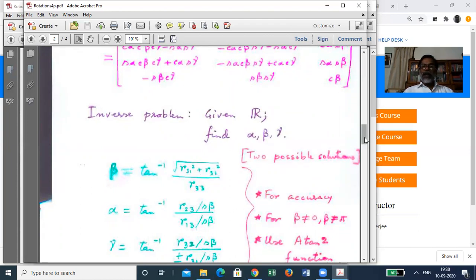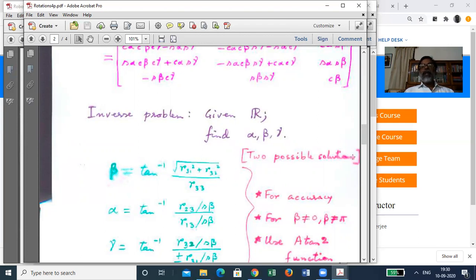So this is Euler angle, and this will typically have 2 possible solutions. For every rotation matrix, it will have 2 possible solutions, and they will be difficult when this beta itself turns out to be 0 or pi.